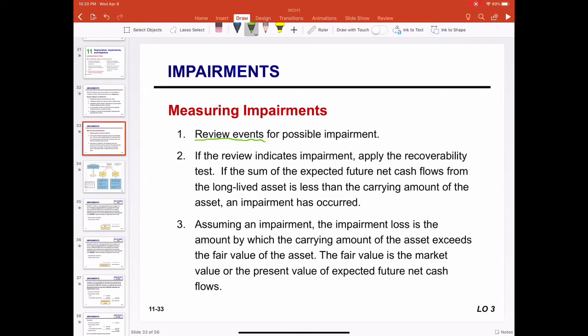If the sum of the expected future cash flow is less than the book value, then an impairment has occurred. In simple words, the value of the assets is overstated. The next step is to determine the amount of impairment. The amount is basically the book value minus the fair value.